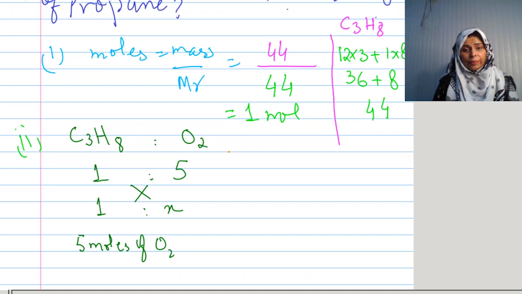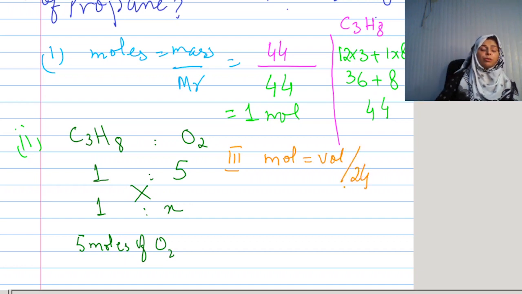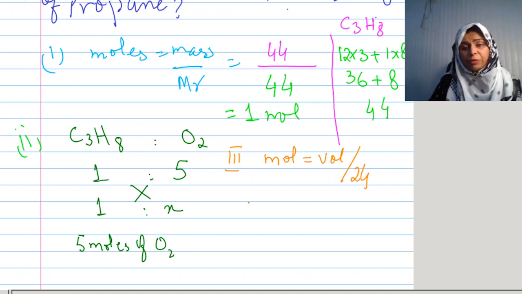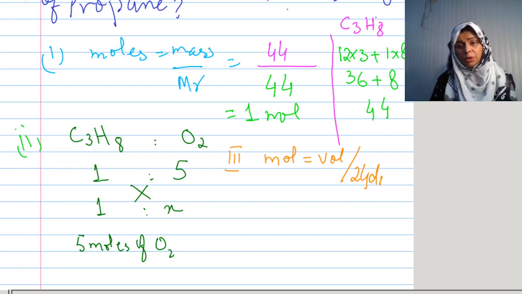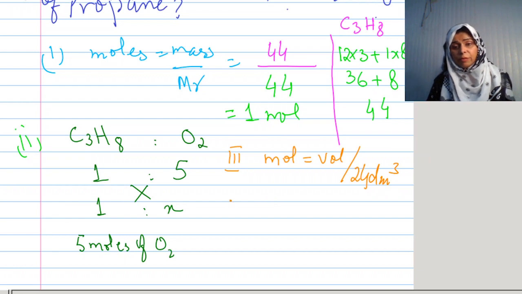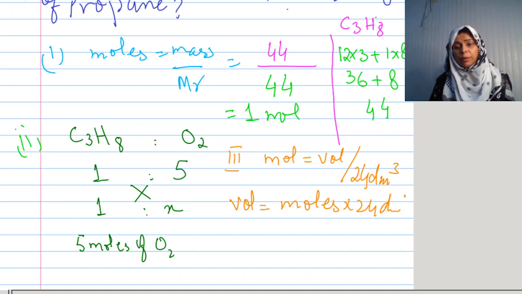In the third step we use the formula: moles equals volume over molar volume. If we want the value in decimeter cube, we divide by 24 decimeter cube. So volume equals moles into 24 decimeter cube.